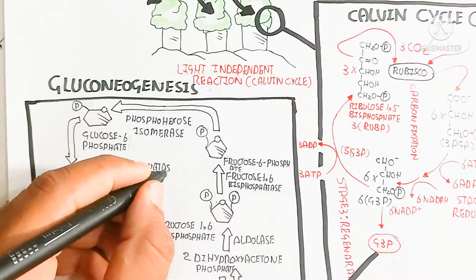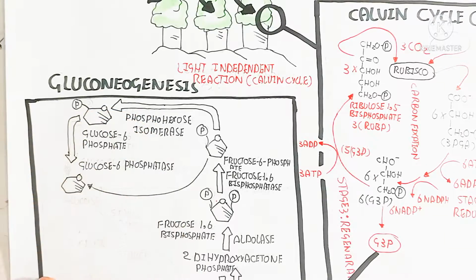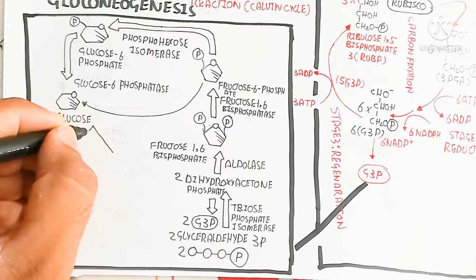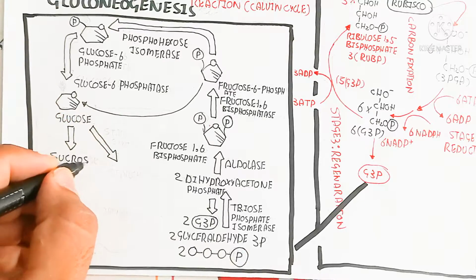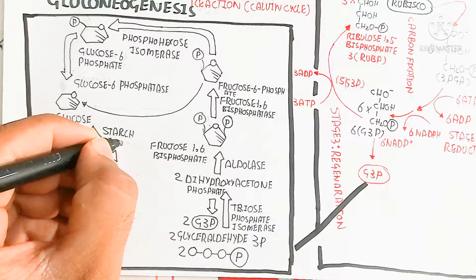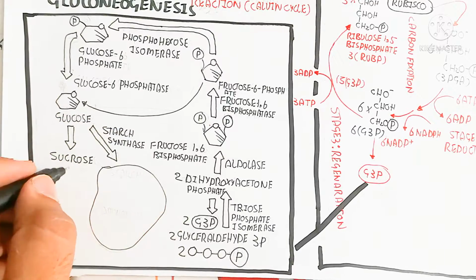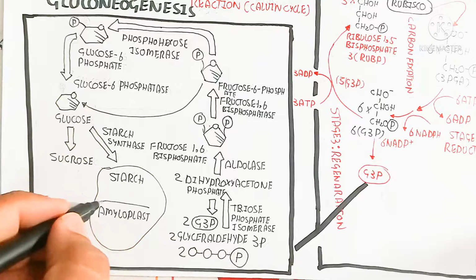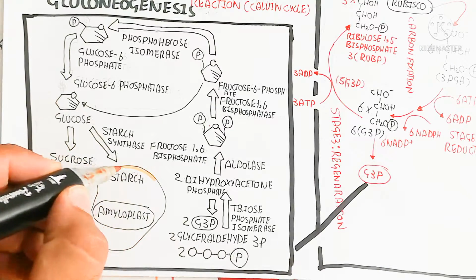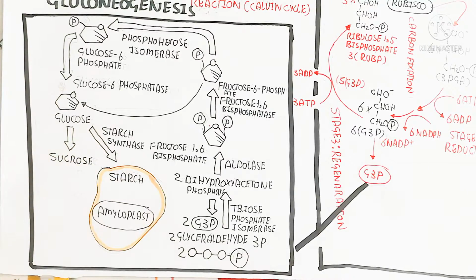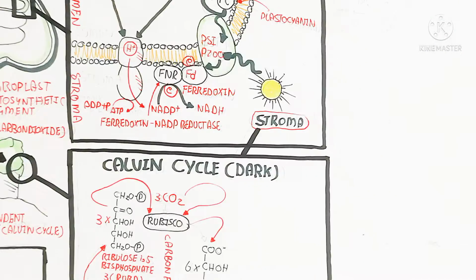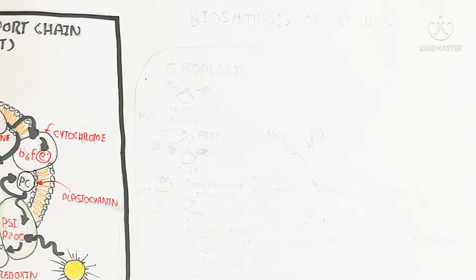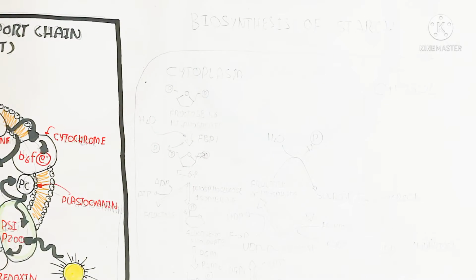So the glucose 6 phosphate will be formed, and this glucose 6 phosphate is ultimately converted through a glucose 6 phosphatase enzyme to produce glucose again after removing the phosphate group, and to produce sucrose after combining with the fructose. So this fructose will be combined here to produce sucrose, but the starch synthase enzyme is present in the amyloplast to produce amylopectin and starch, amylopectin and amylose.